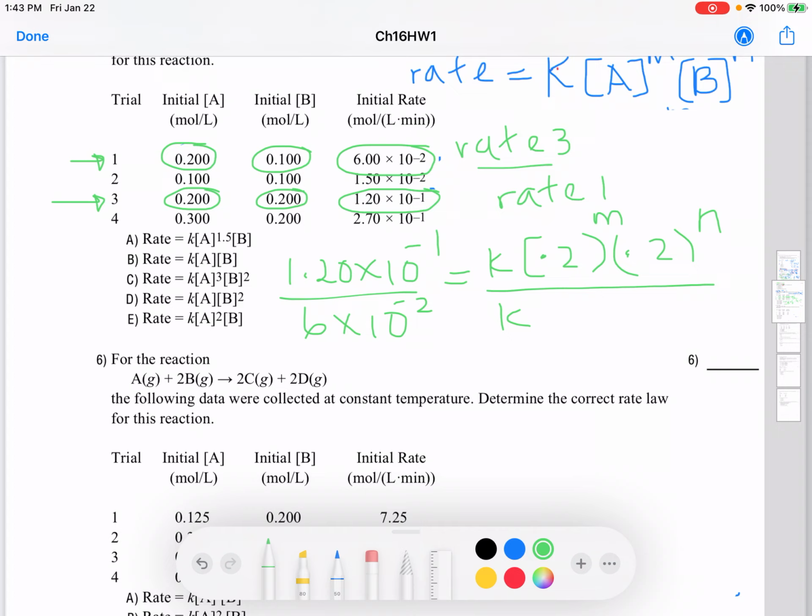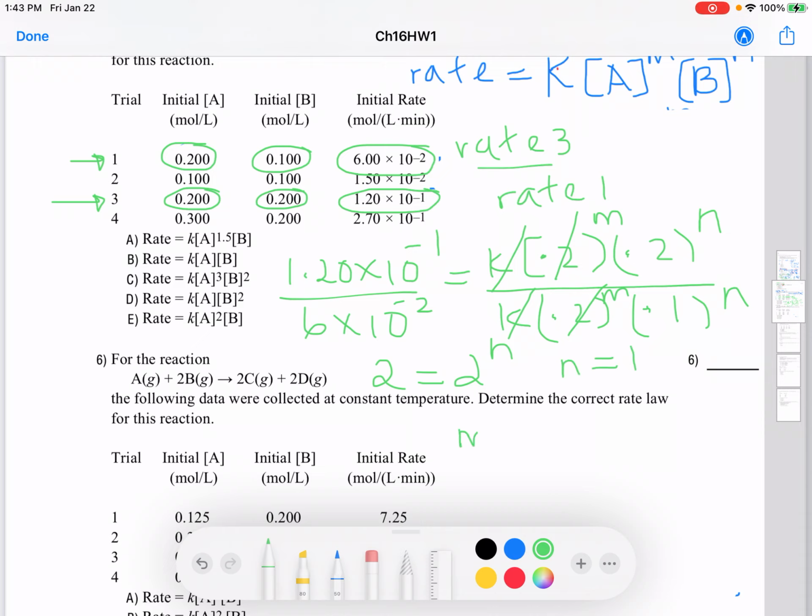Concentration of A in rate 1 is 0.2 and concentration of B in rate 1 is 0.1 to the n. So this cancels, the rate constant cancels, 1.2 over 0.6 is 2, which equals 0.2 over 0.1, 2 raised to the power n. So n equals 1.